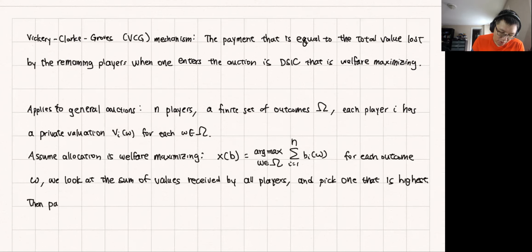Then the payment rule: we look at what happens when player i is not in the auction.